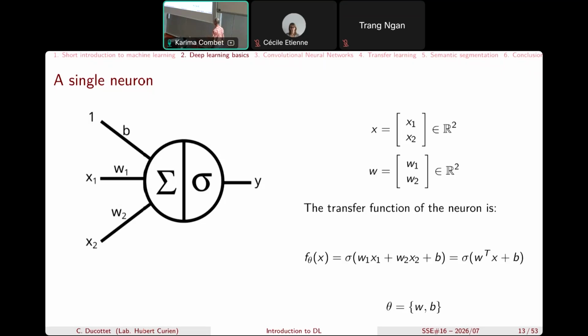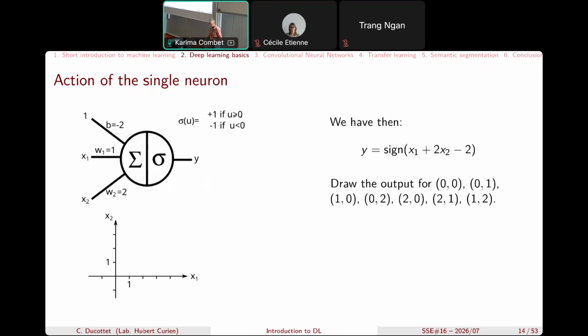Here, the parameters are these. And we could, of course, write this equation as a matrix equation or scalar product between W and X to simplify the notation.